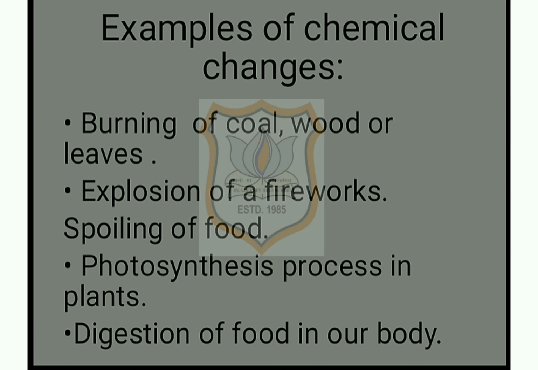When food gets spoiled, it produces a foul smell. So, spoiling of food is a chemical change. And the photosynthesis process in plants and digestion of food in our body are also chemical changes.